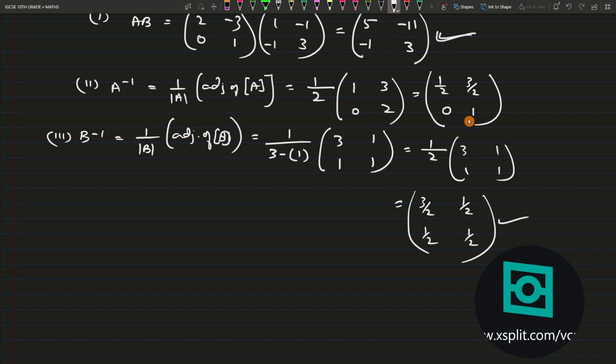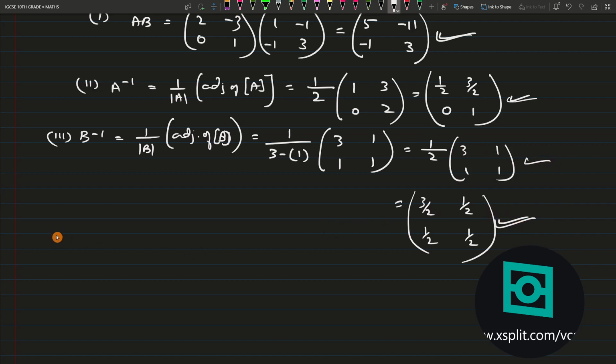Then A inverse is this one, half into 1, 3, 0, and minus 3. Okay. No, sorry. Half into 1, 3, 0, and 2. So this is also correct. Okay. And B inverse is half 3, 1, 1, 1. Okay. So this is correct and this is also correct. Okay. So all our answers are correct so far.